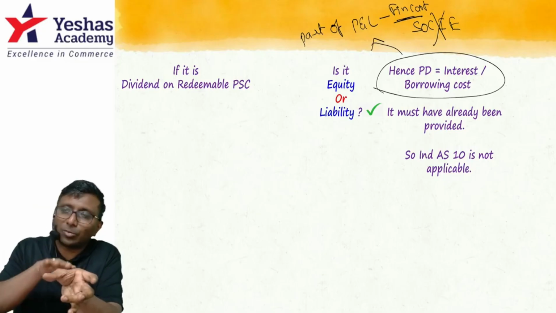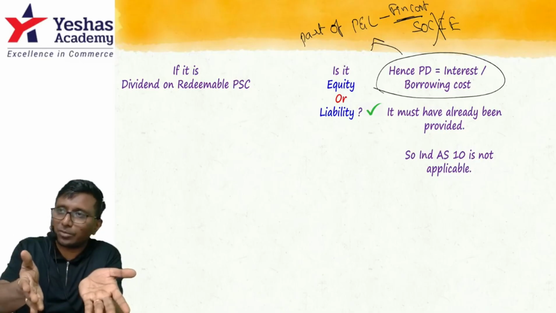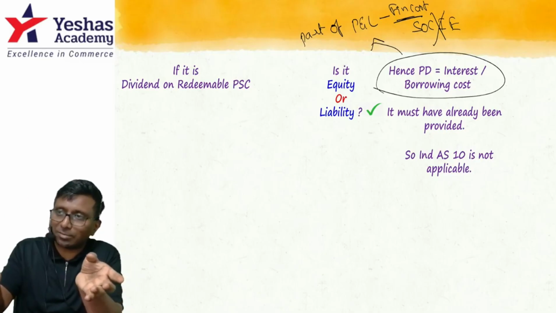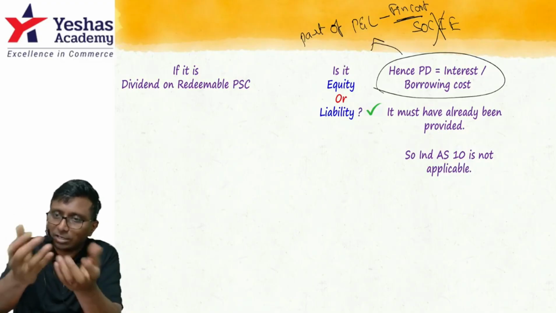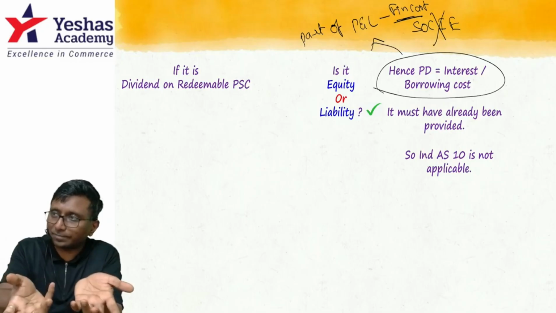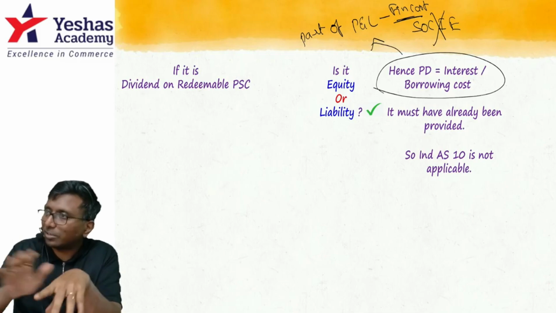Non-cumulative means if in the current year I get a loss, I am not liable to pay you. Next year, if I get a profit, are you supposed to pay for the last year also? Not required. It doesn't accrue there. But these terms in the practical world may not come up that way.